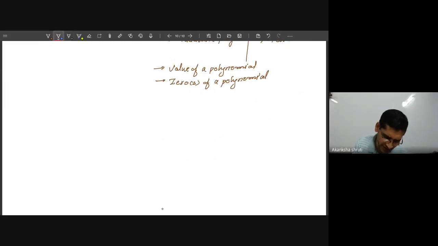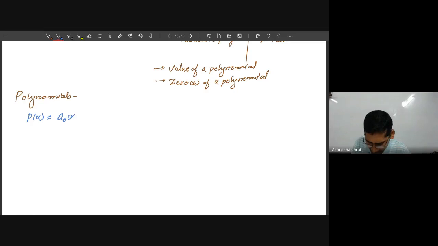So students, the definition of polynomial is that any mathematical expression p(x) of the form a0 x to the power n plus a1 x to the power n minus 1 plus a2 x to the power n minus 2 plus a3 x to the power n minus 3 going on.